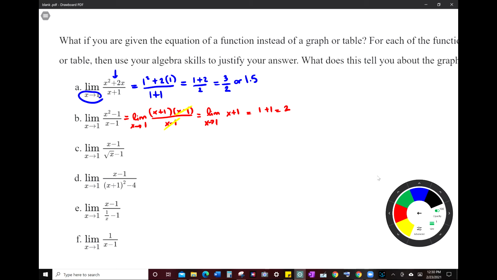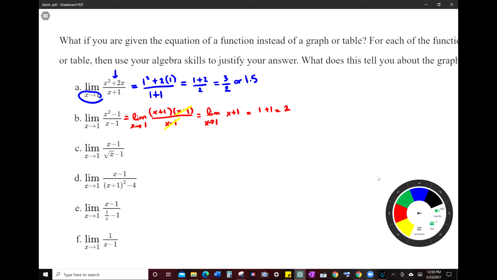If you plug 1 into the x value on the denominator, you will get 0. So before we do that, we need to simplify it. On the denominator, you have square root x minus 1. So it's a little bit of a twist right here, because you will think about how you factor out the numerator in order to cancel the denominator part.